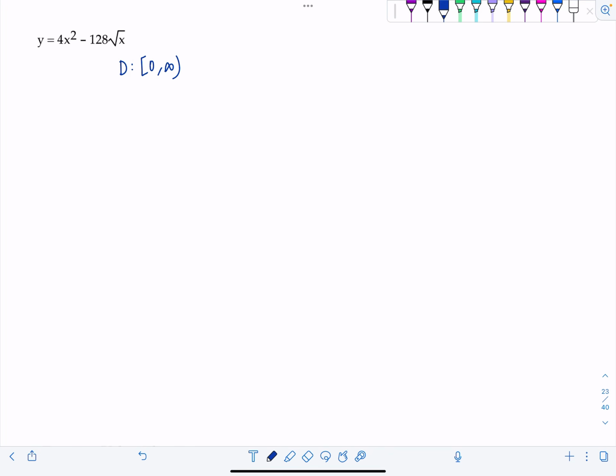Okay, let's go ahead, take the derivative. So y prime, derivative of 4x squared is 8x, very good, minus 128, derivative of square root of x is 1/2 x to the negative 1/2. So this is going to be 8x minus 64 over square root of x.